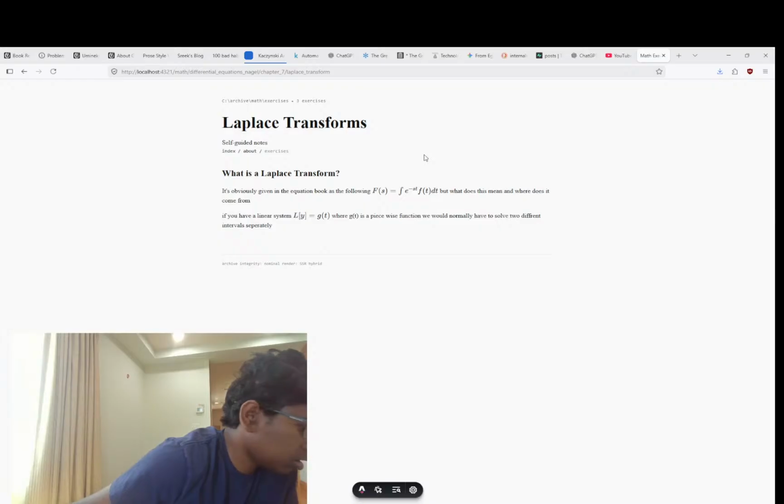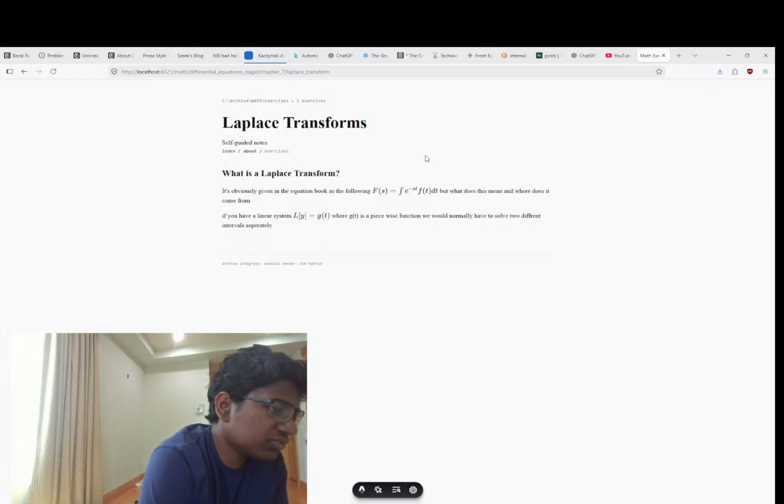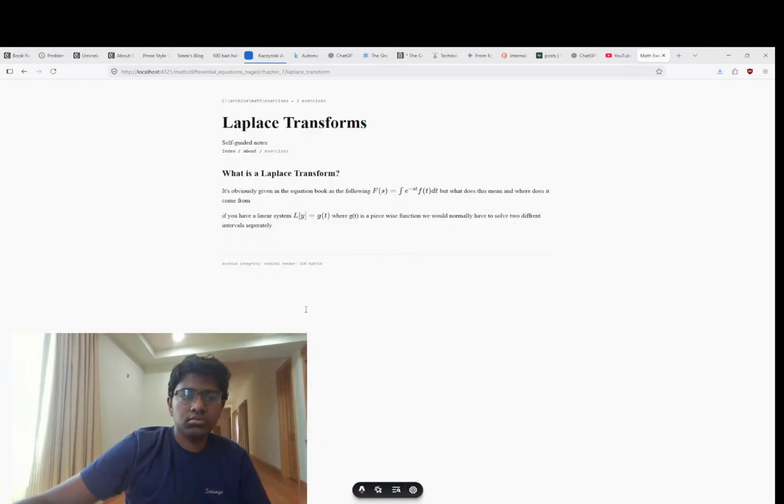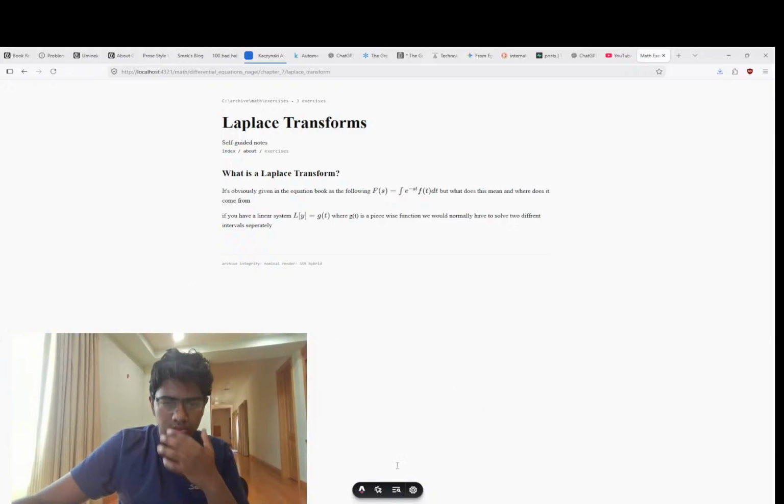G of t can be something like, from the textbook, the textbook sample of g of t is basically in specific conditions.